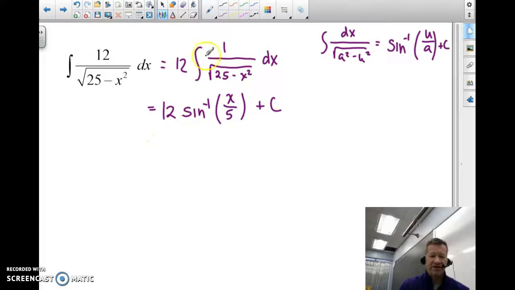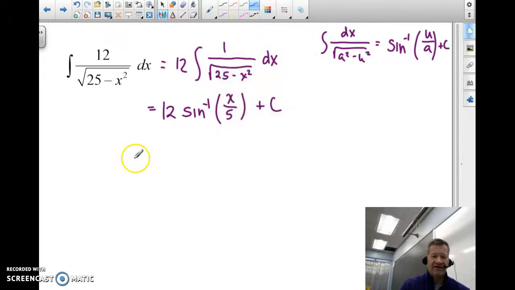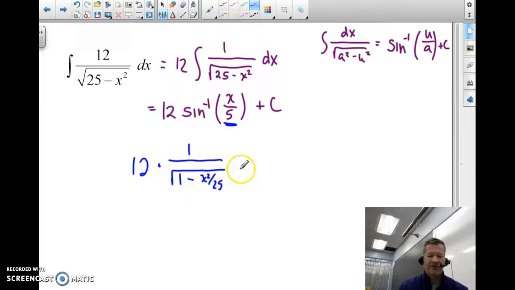Quickly here, let me grab a different color. If I find the derivative, I've got 12 times 1 over the square root of 1 minus u squared, where u is x over 5. So if I square that, I get x squared over 25 times, now chain rule, the derivative of x over 5 is 1/5.